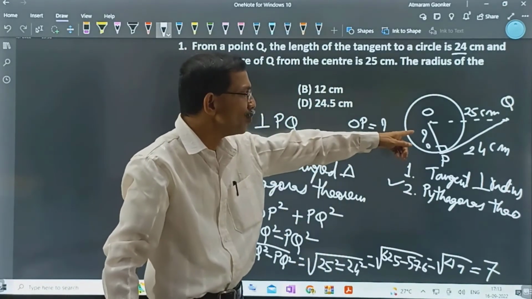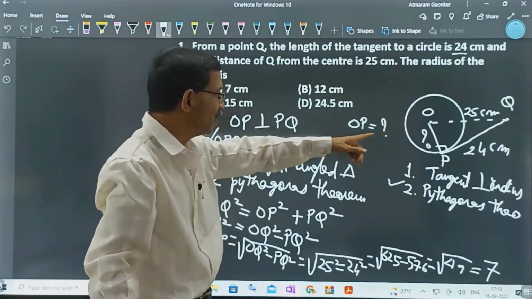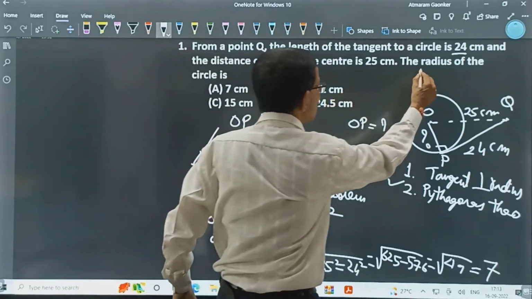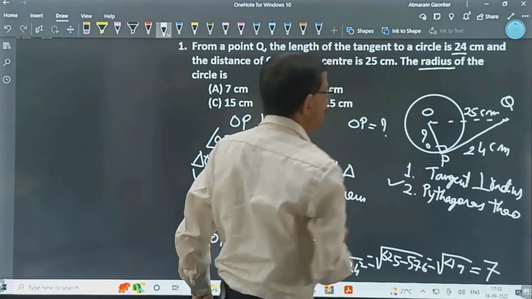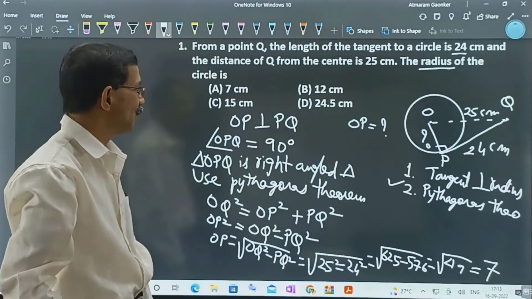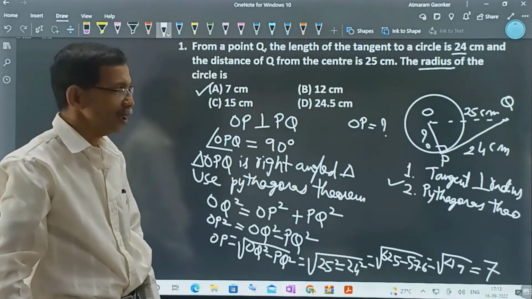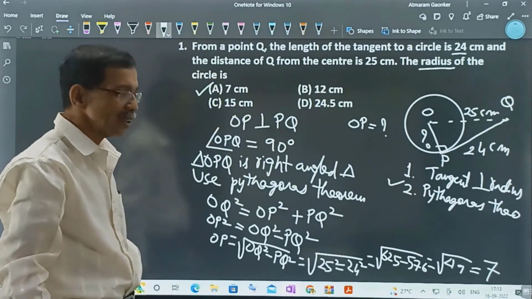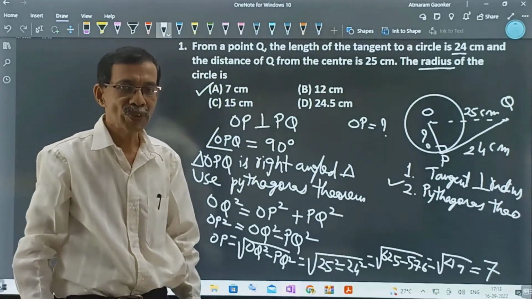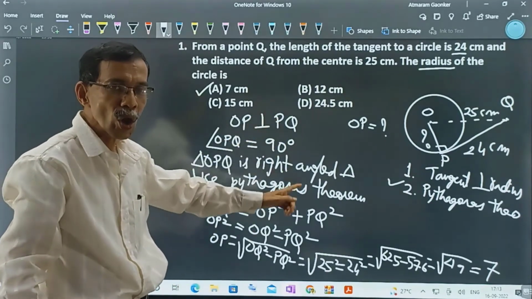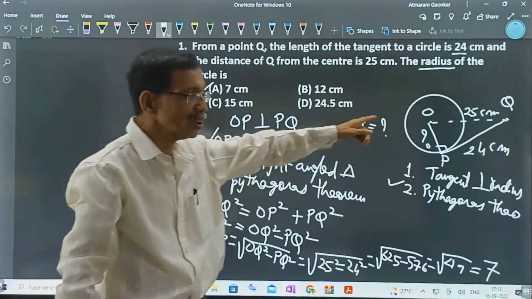Therefore, the length of the radius is equal to 7 centimeters, because you are asked to find the radius of the circle. So option A is the correct option. The length of the radius becomes 7 centimeters. With this, let us go to the next question. Here we have followed all 4 steps. First we drew the diagram.